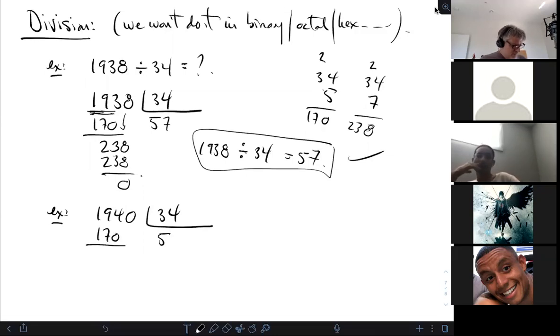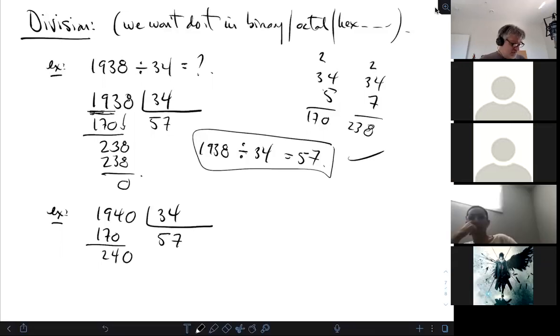I subtract, I'll get 24, right? I bring down the 0 to 240. Now this will go 7 times again. 7 times 34 is 238. I subtract, and I get a 2, okay? Now, if you were in grade school, or high school, I don't remember, they might have you continue, right?